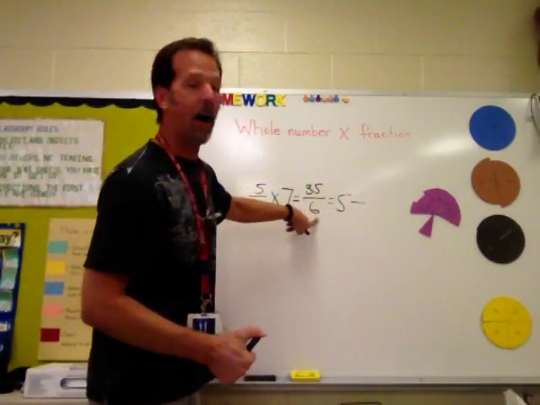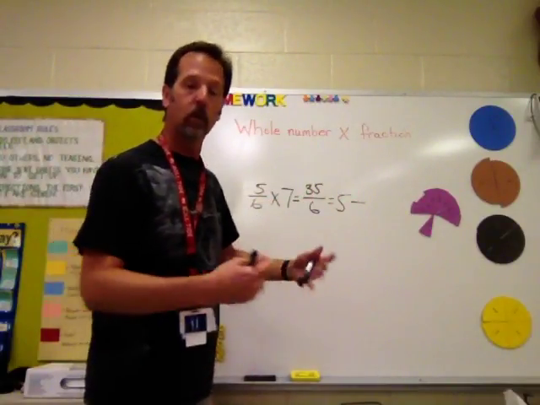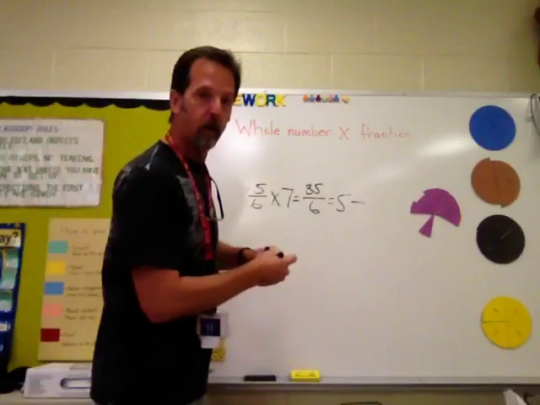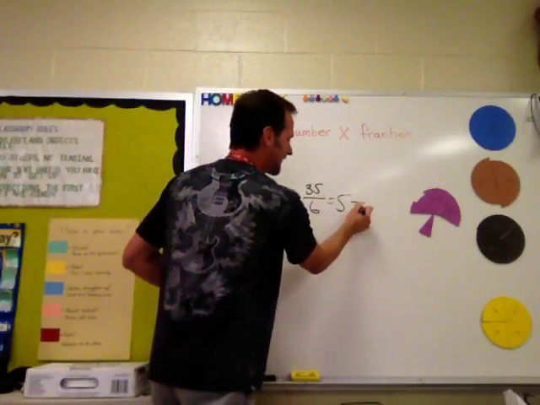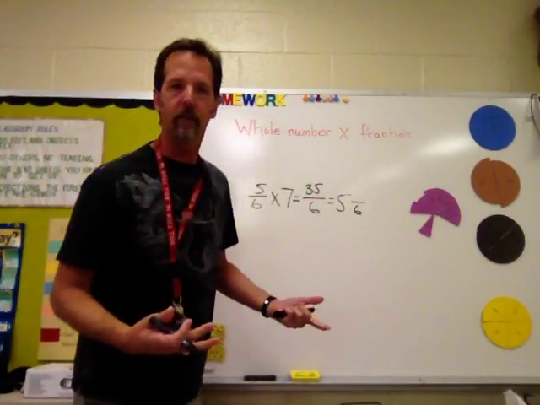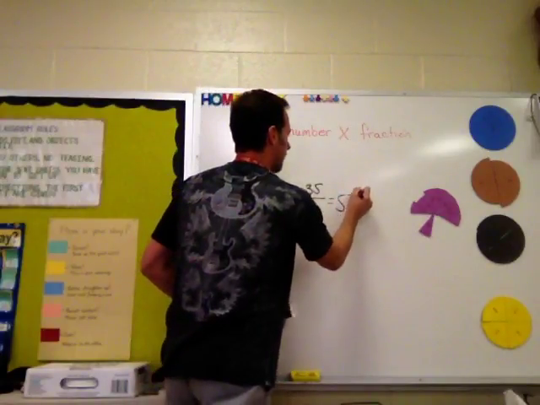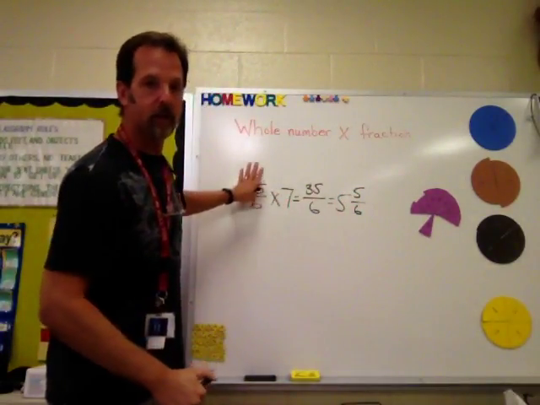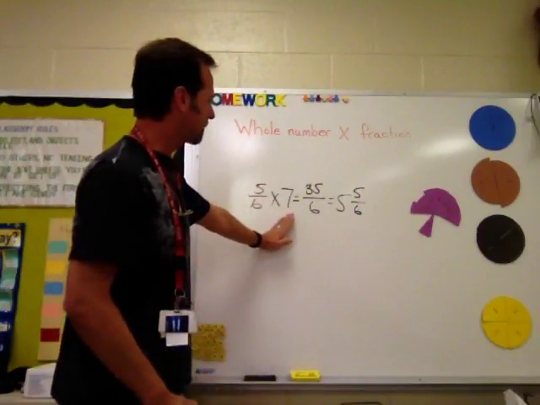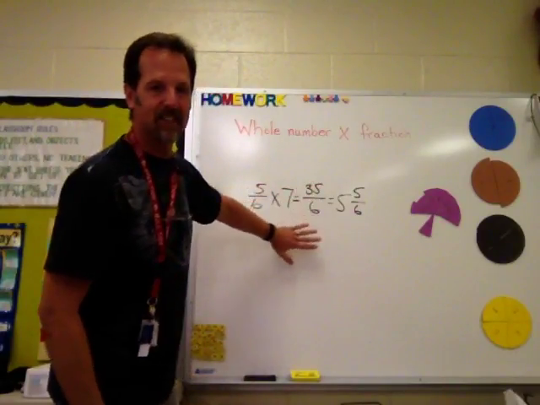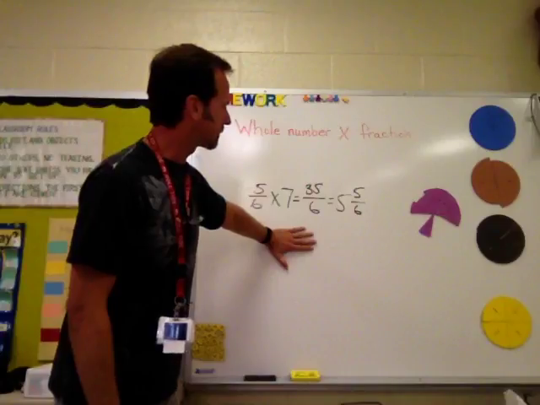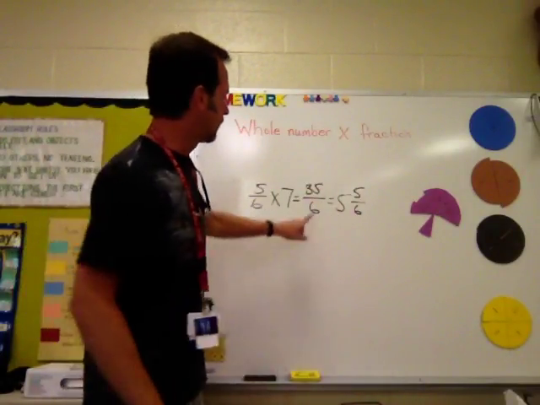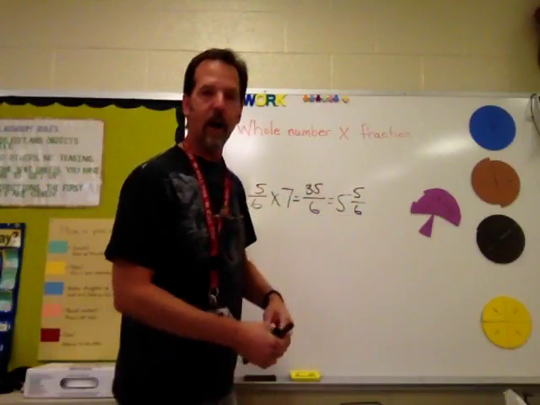Now, when we take 5 groups of 6, we used 30 of the 35. So if we used 30 of the 35, how many sixths would be left? 5. So when I do 7 times 5/6, or 5/6 times 7, I get 35 sixths, an improper fraction, and from that, I can divide it in my head if I'm able to, and I get 5 and 5/6.